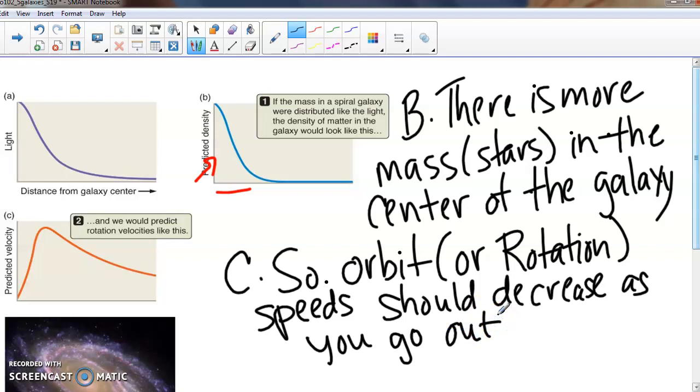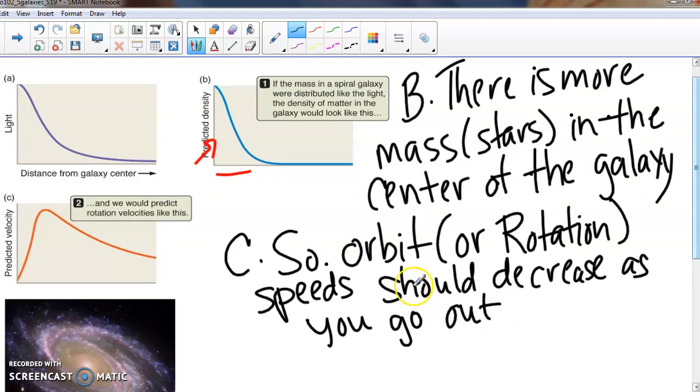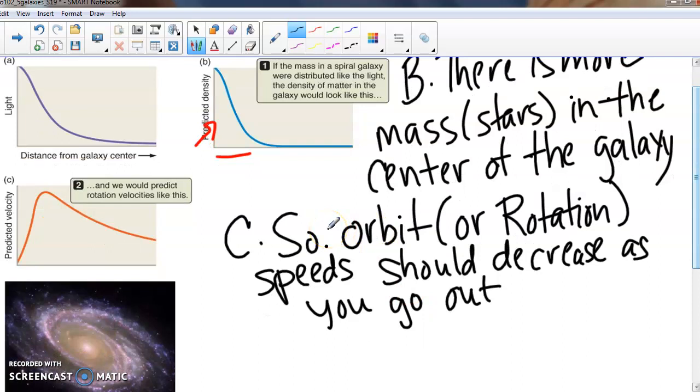Right? So I'm going to scroll this down a little bit so we can look at some of these other pictures. So here, this blue curve, we said was the amount of density. Over here, this is the amount of light. You can see it's brighter in the center of the galaxy. There's more stars there. So we would predict that as we get farther away from that mass, from the inside of the galaxy, the speeds will go down.